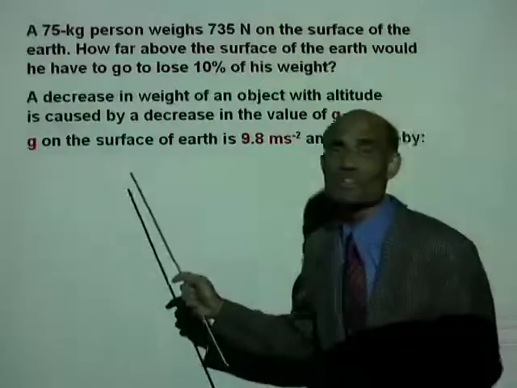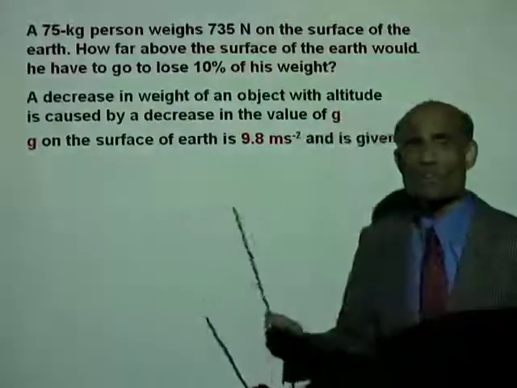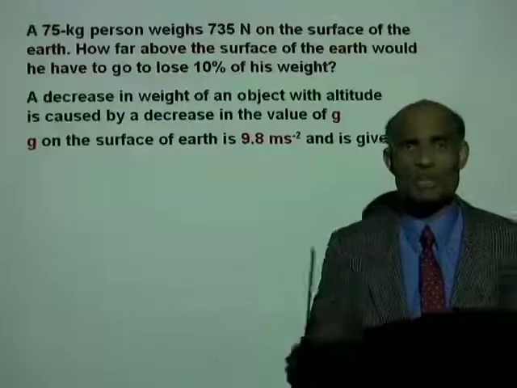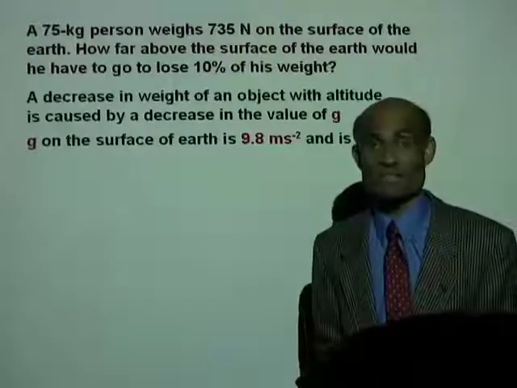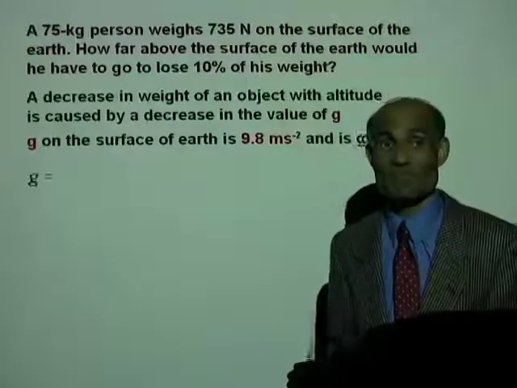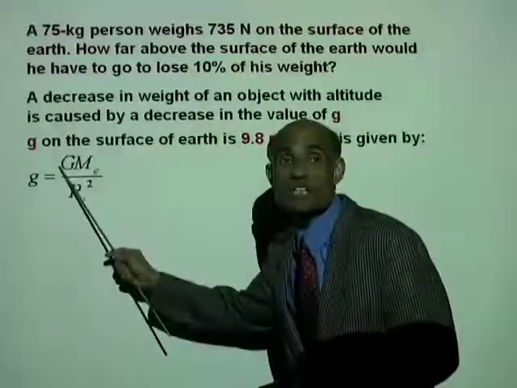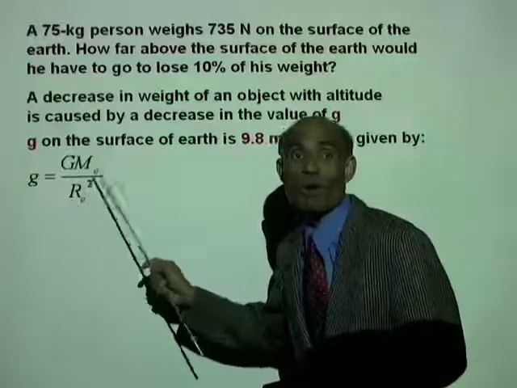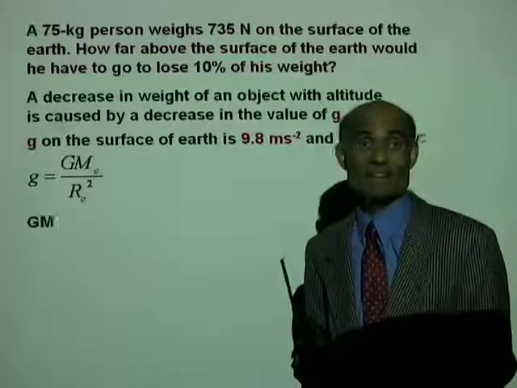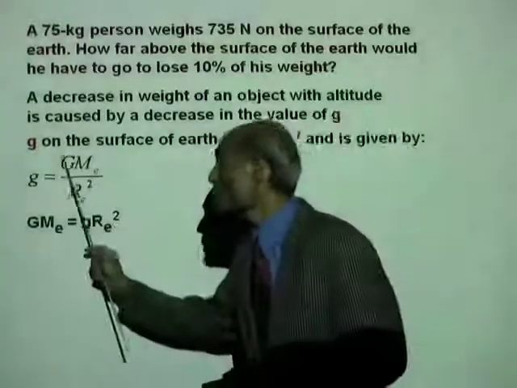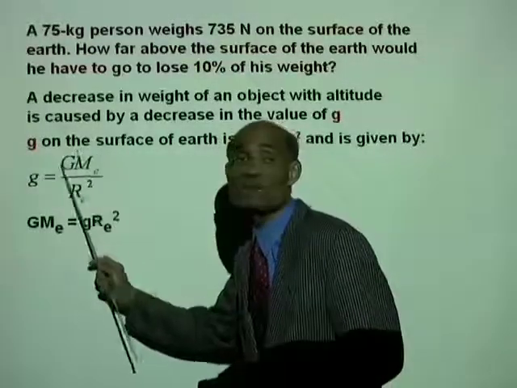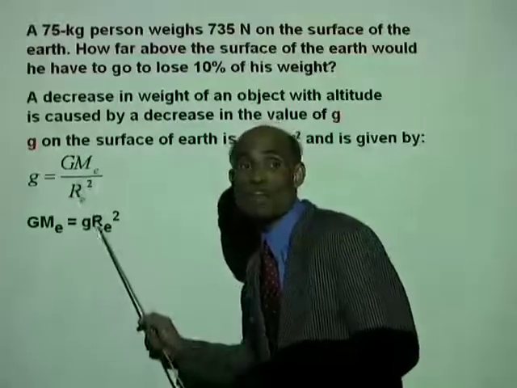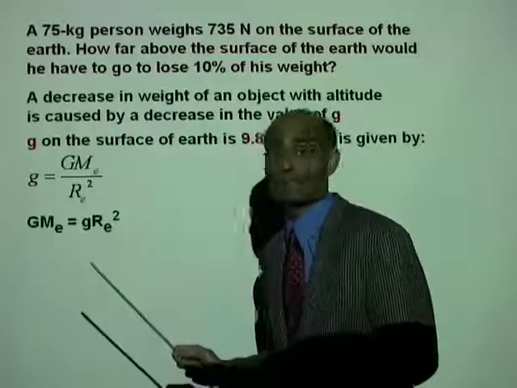by the equation. Can you write down the equation for g on the surface of the earth? We did that in the last class. g equal to GME over Re squared, and we can replace the GME by g Re squared.